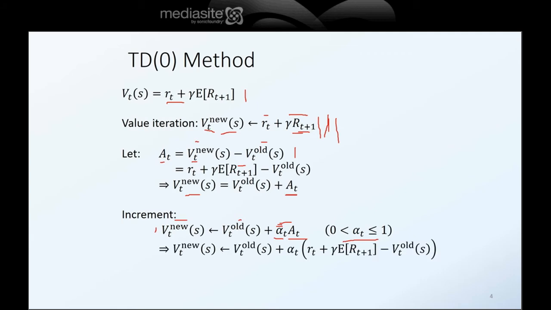Okay, so this means that V_t new is V_t old plus alpha_t times this quantity within parentheses, which is equal to, now I simplify this further, this is alpha_t, that's a typo, V_t new equals (1 minus alpha_t) times V_t old plus alpha_t times (r_t plus gamma times the expected value of R_{t+1}).